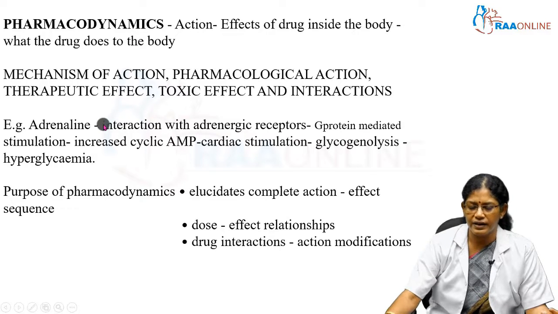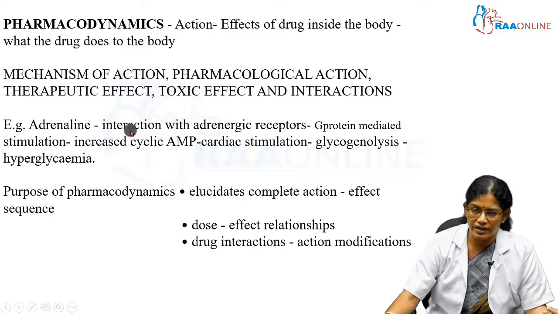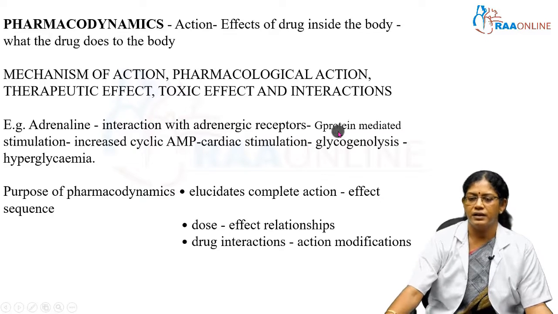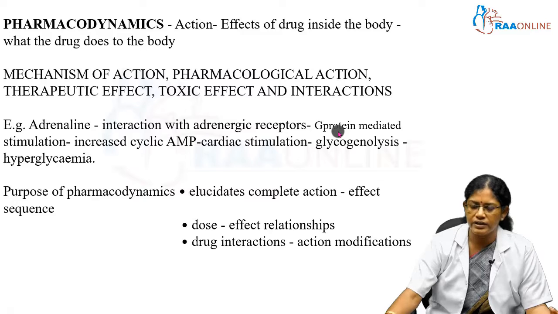If we take adrenaline as an example, it produces action by interacting with adrenergic receptors. There are two types of receptors, alpha and beta receptors. By combining with the receptors, the adrenaline produces its action. So how it produces the action is the mechanism of action. It combines with the G protein mediated stimulation and increases cyclic AMP in our body. If cyclic AMP is increased, it produces cardiac stimulation, bronchodilation, and vasoconstriction.